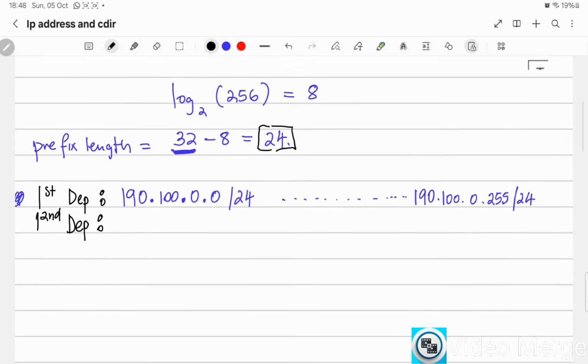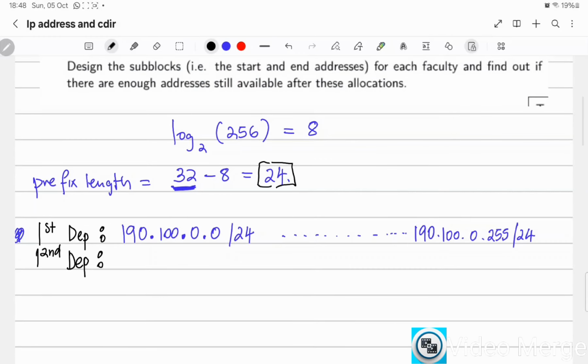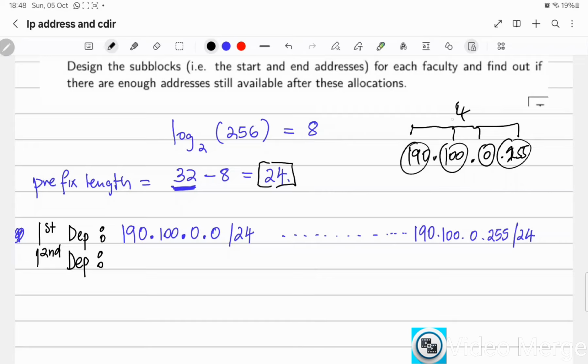On the second department, remember that on each and every octet, I'm actually referring to this, we have 4 octets here. On each and every octet, the value must be between 0 and 255.